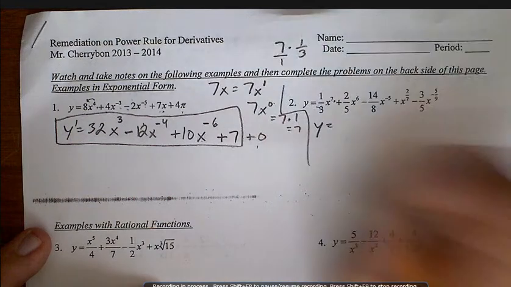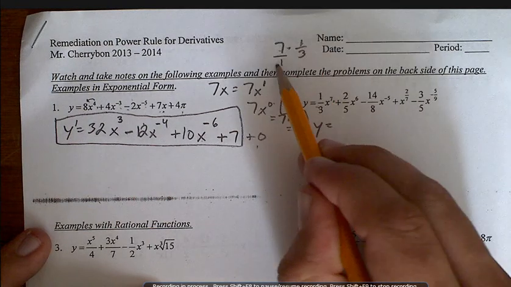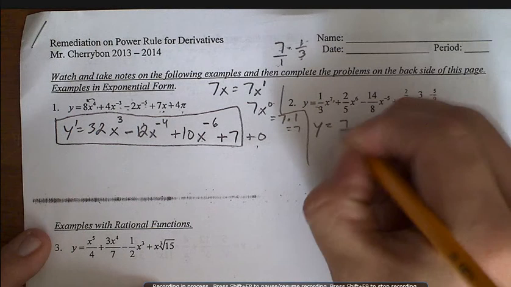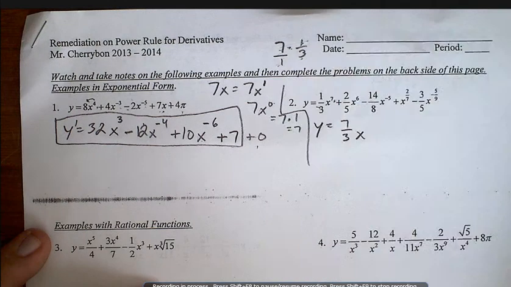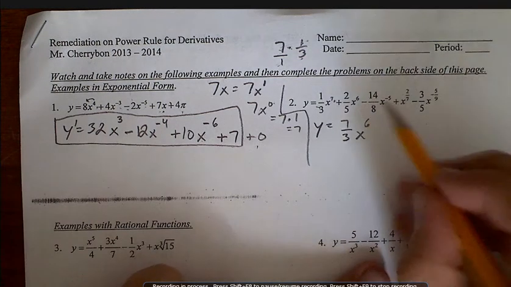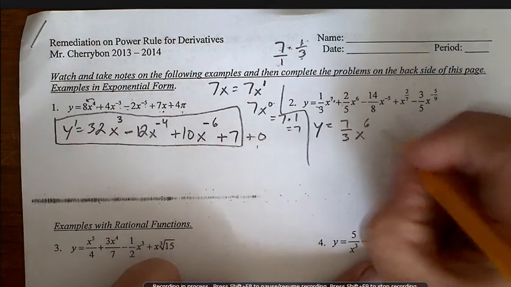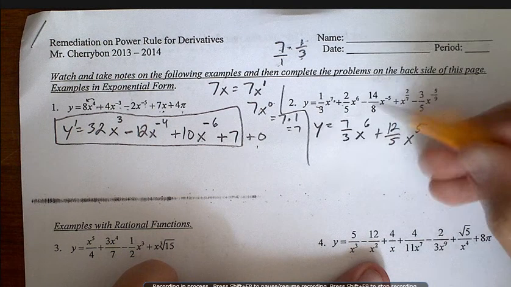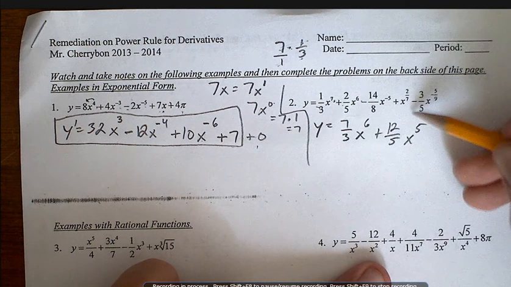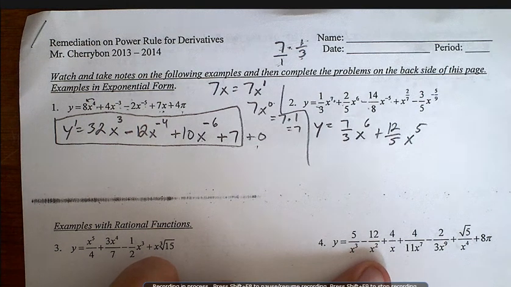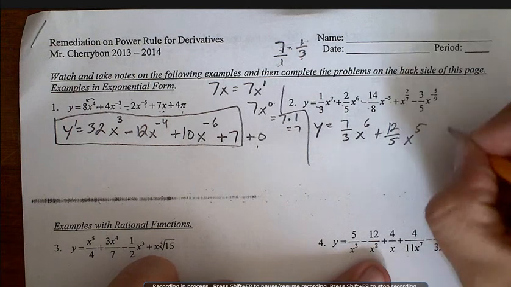So 7/3 x, 7 minus 1 is 6. 6 times 2/5 is 12/5, x to the 5th, because you subtract 1. Now negative 5 times negative 14/8 will give you positive 70/8. X, negative 5 minus 1 is negative 6.